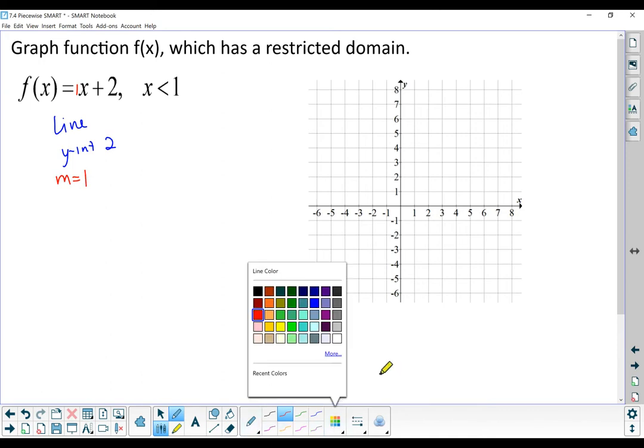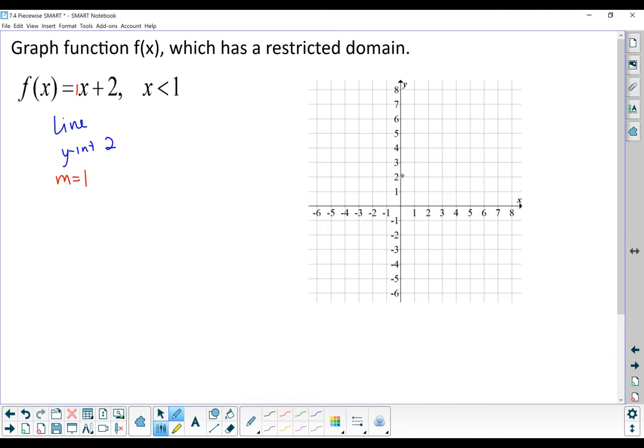Again, I'm going to graph this in a nice light gray color, and then I'm going to think about the domain restriction. The line has a y-intercept of 2, and the slope is up 1 over 1. If I dot that out, I've got this line right here.